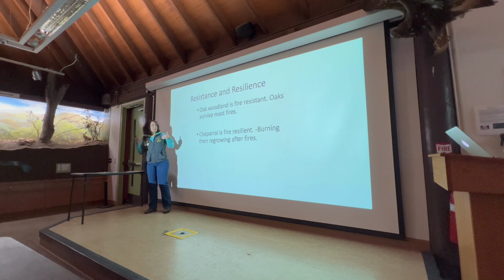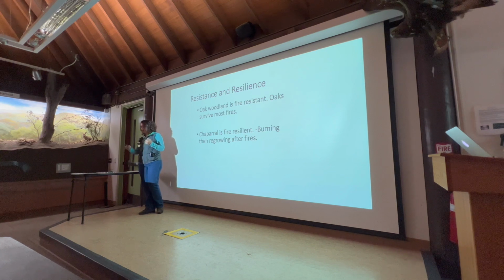The fire goes through, the chaparral burns, but then it grows back. It's resilient. It bounces back, right? So those are resistant and resilient. They're words that have a specific meaning in ecology, but in this case, it's a lot closer to the way that we would use them in everyday language.